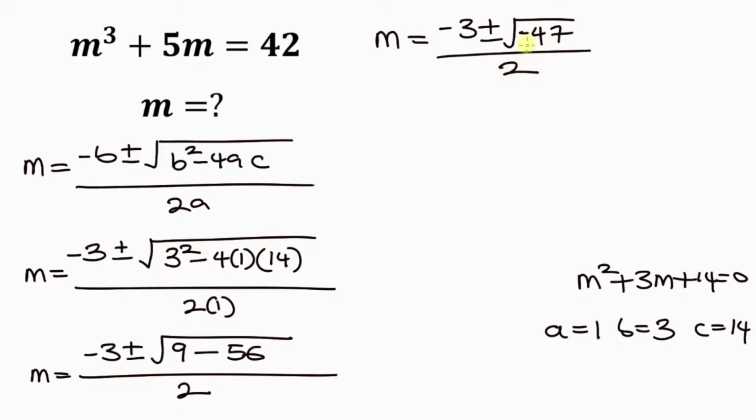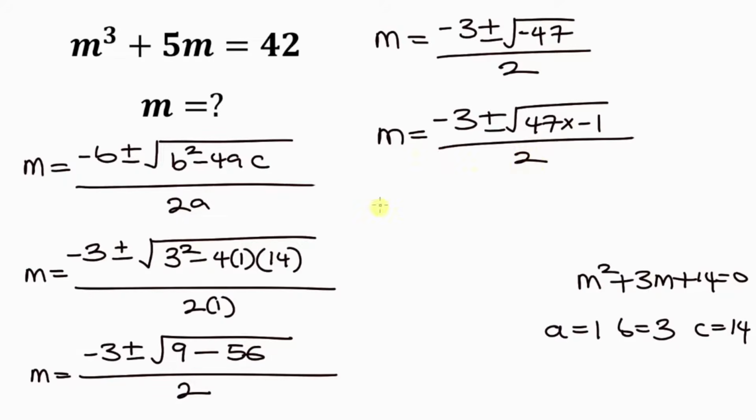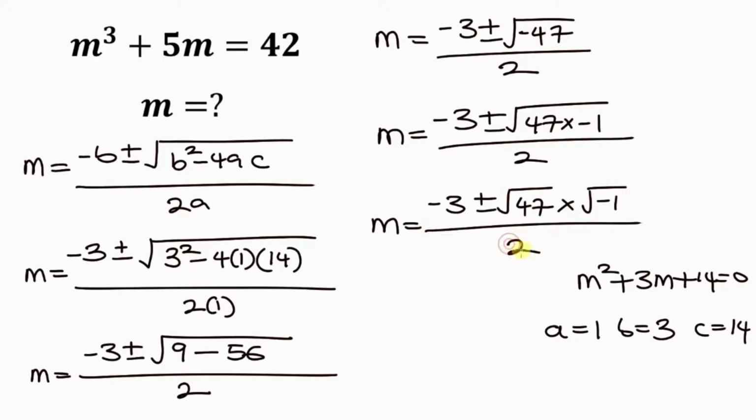Now we can simplify what we have inside of the radical. So we have m to be equal to negative 3 plus or minus. So this can be written as 47 times negative 1 all over 2. And can further be simplified into, we have negative 3 plus or minus. This can be written as the square root of 47 times the square root of negative 1 all over 2.